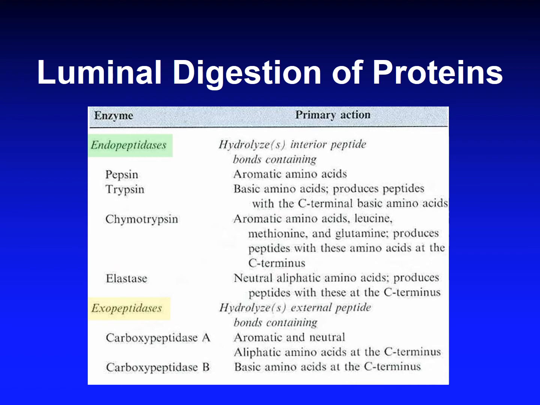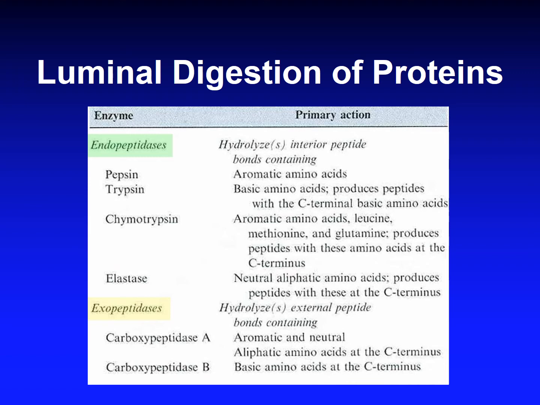But to simplify things, we consider the oral cavity a lumen, the stomach a lumen, the intestine a lumen, just to make the point that there is luminal digestion. These endopeptidases are located in these lumens, the oral cavity, stomach, and intestines. And we've talked about pepsin and others, or trypsin after pancreatic activation.